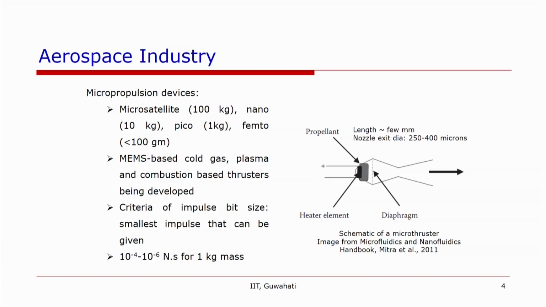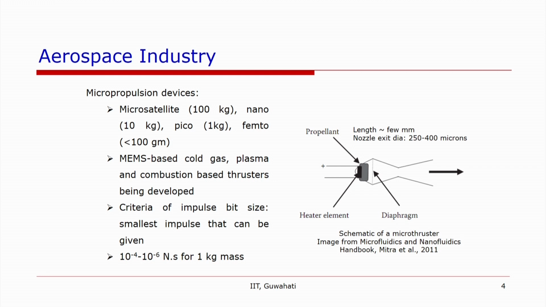Another application is in micropropulsion devices. With the application of satellites in a number of areas, there has been a thrust towards developing smaller and smaller satellites. Based on that, the different names for satellites have also been standardized.